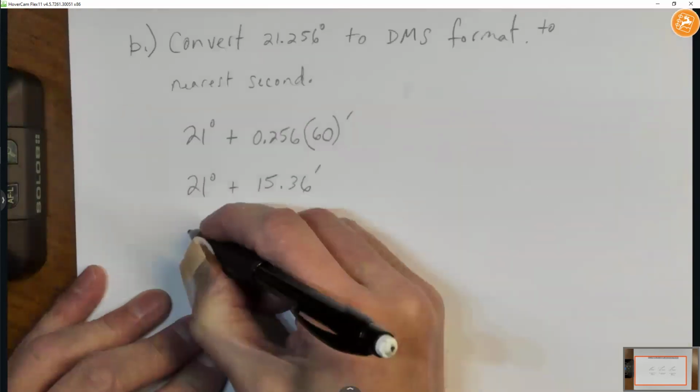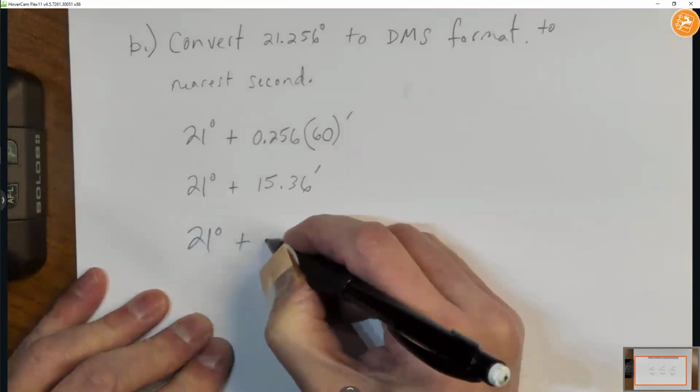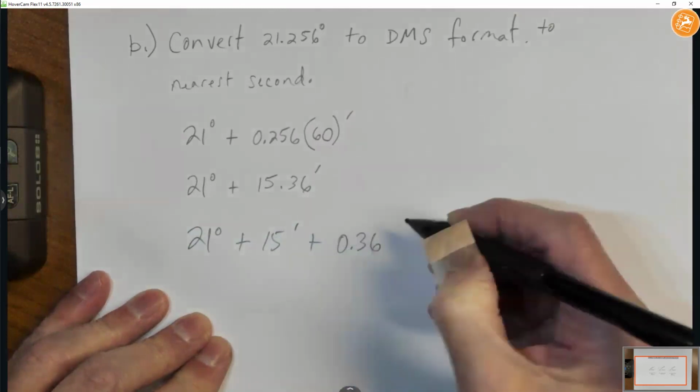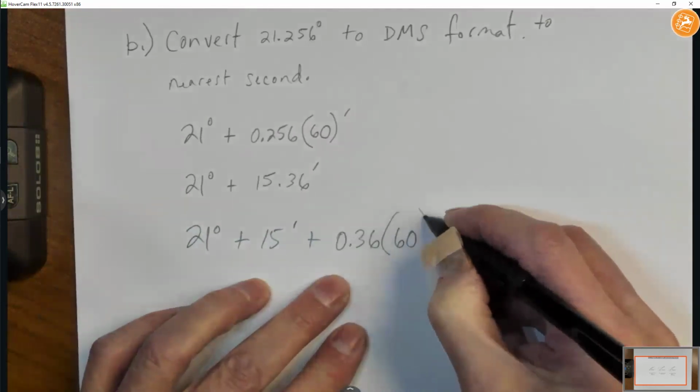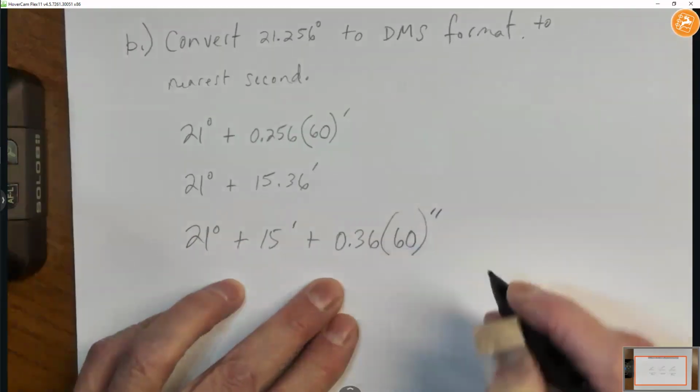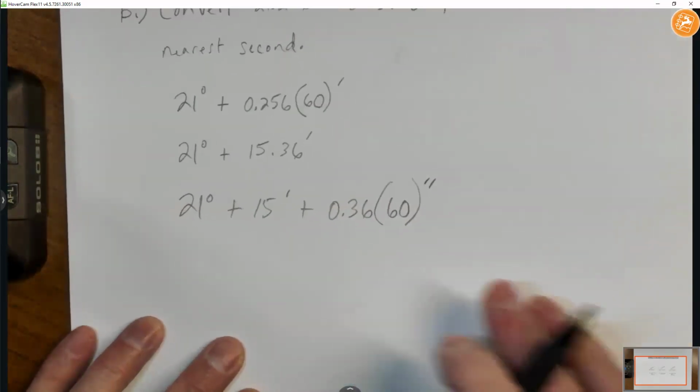So we'll rewrite this as 21 degrees plus 15 minutes plus 0.36 times 60, because there's 60 seconds in a minute, and this is the portion of the minutes, and that'll create the format we need for seconds.